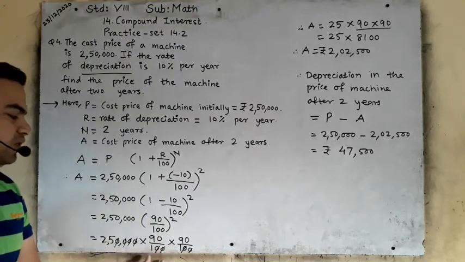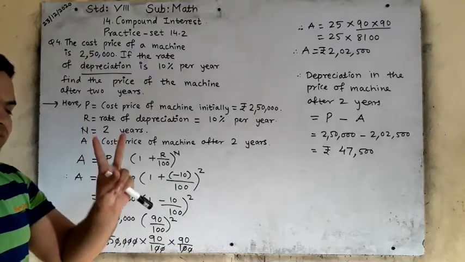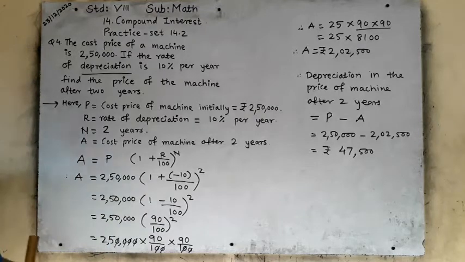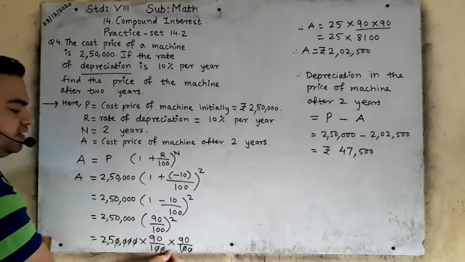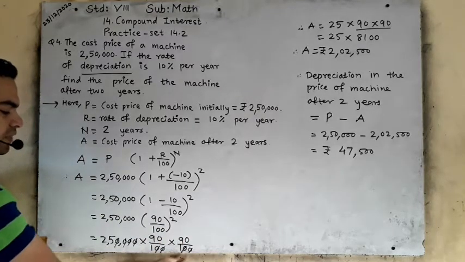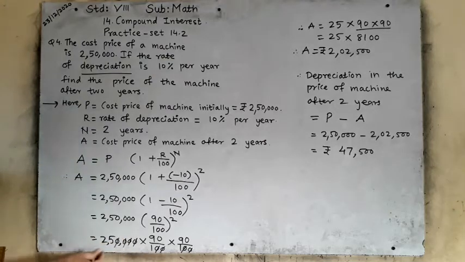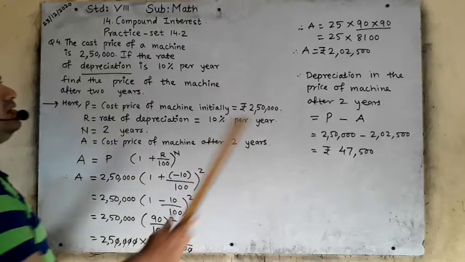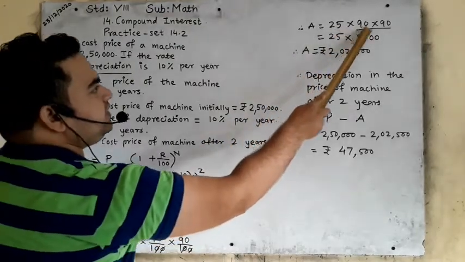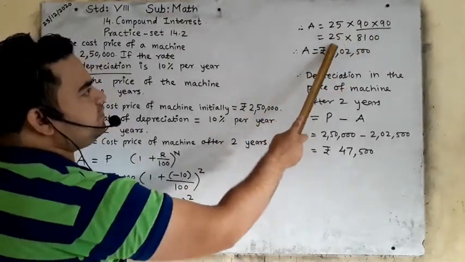It means 90 upon 100, you will write how many times? 2 times. We will write 90 upon 100 multiplied by 90 upon 100. The zeros will get cancelled. What will remain? 25 multiplied by 90 multiplied by 90. So 25 as it is.